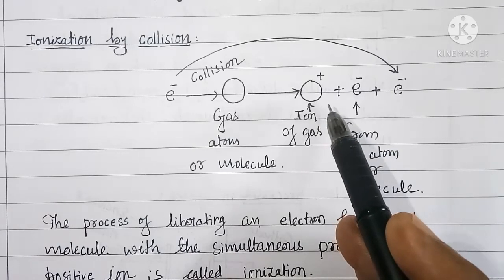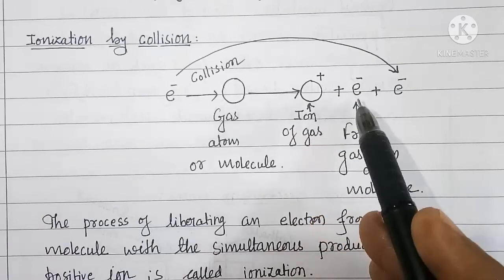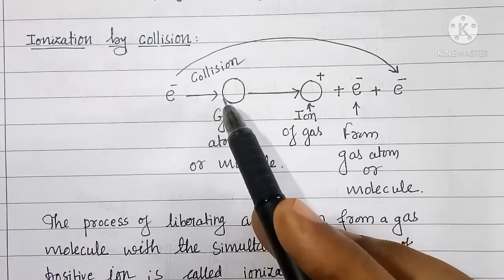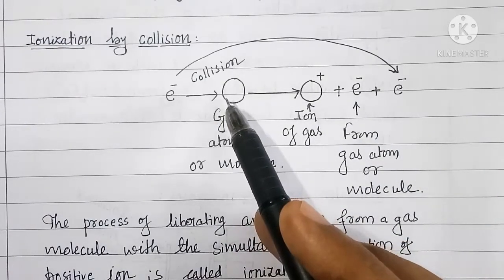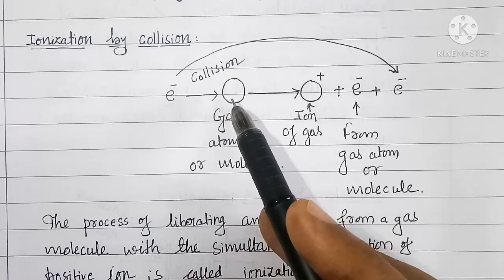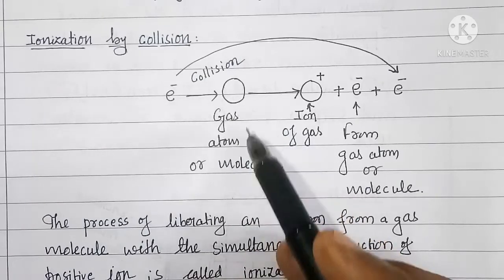But what was necessary here? For an atom to lose one electron, the kinetic energy of the free moving electron should have been more than the ionization energy of the gas atom or molecule.